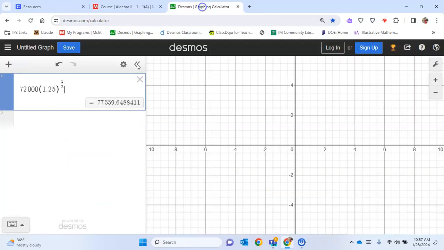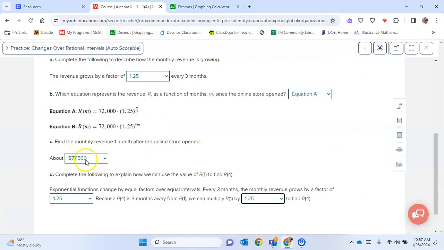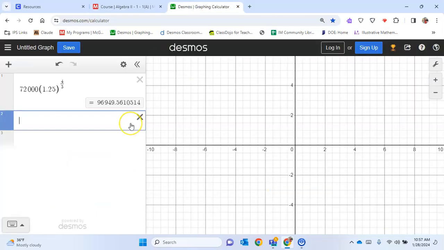So we take the answer from R1, which was 77,560, and multiply it by 1.25 and get the same answer.